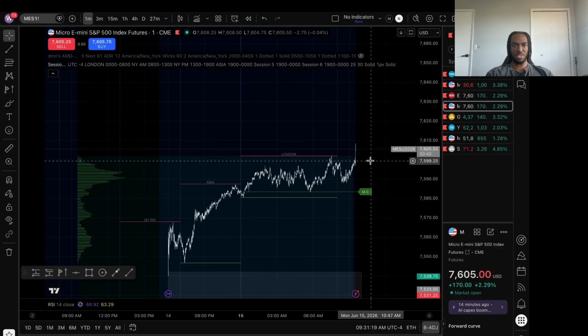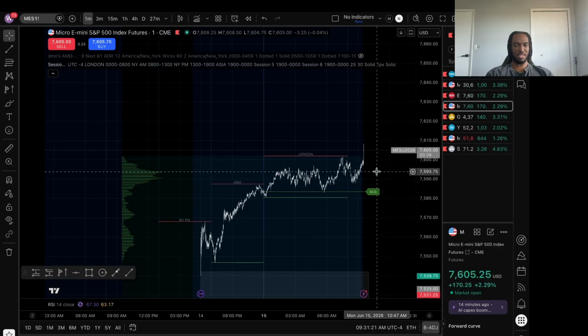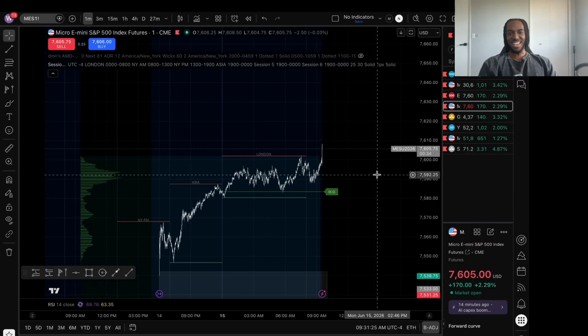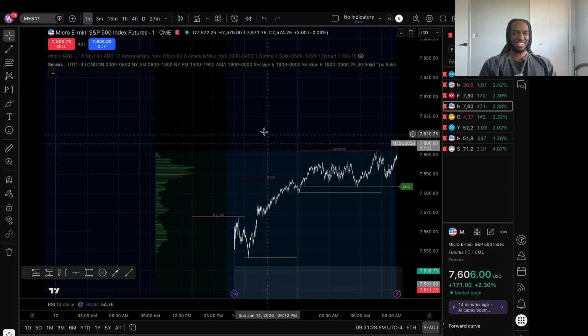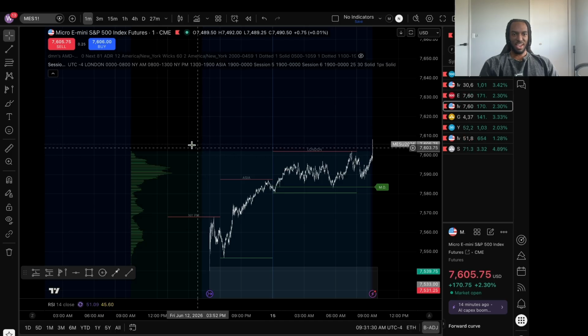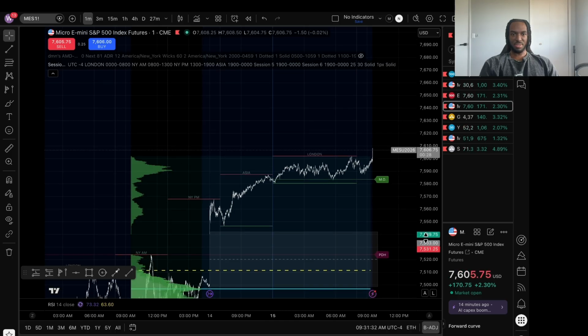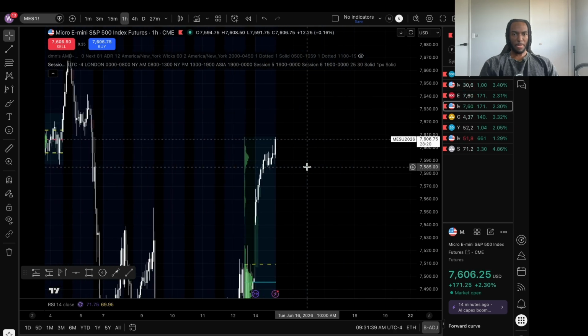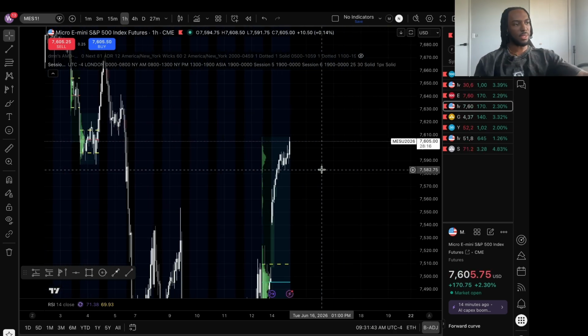I know this is a good entry because anybody who's looking for buys here, they're just chasing up the ass. So, might look like a scary trade, but the truth of the matter is you would not be buying up here, that's for sure. I'd be shocked to see this push up all day.